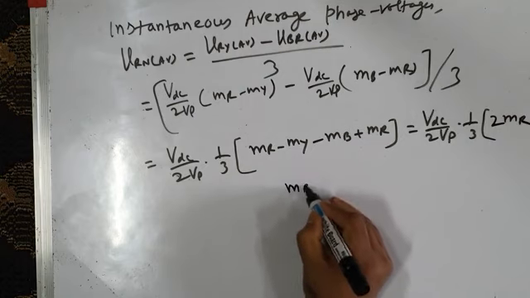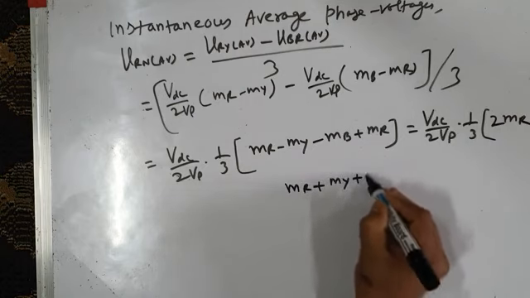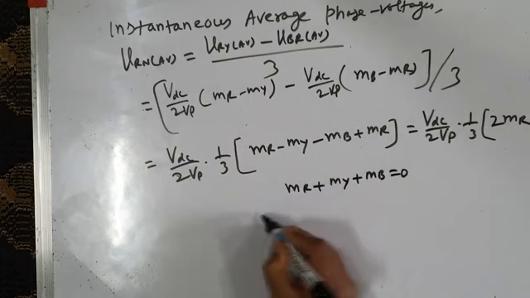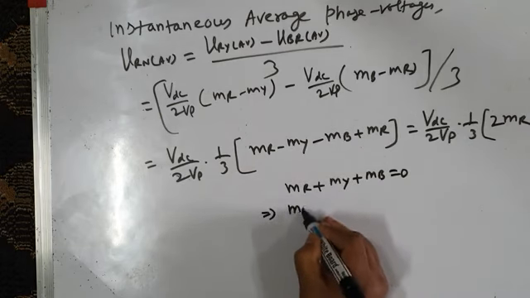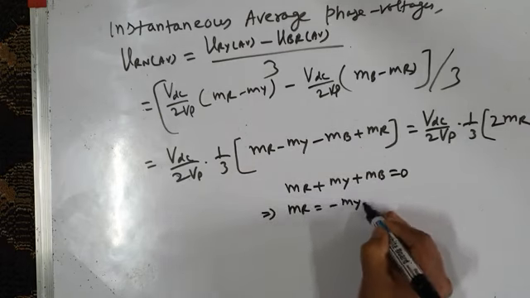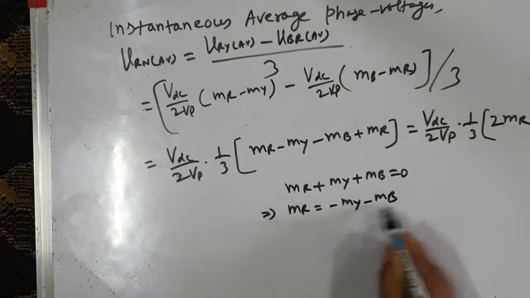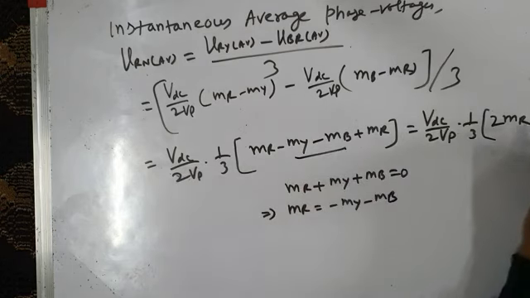See, we know Mr plus My plus Mb is equal to 0. That makes Mr equal to minus My minus Mb. So minus My minus Mb is Mr, and we substitute it again. This is equal to Mr.